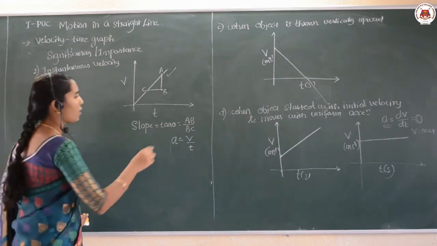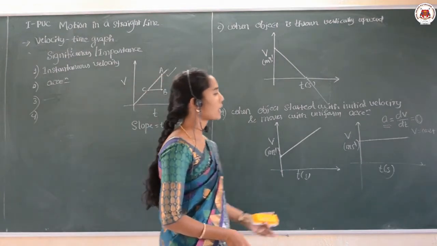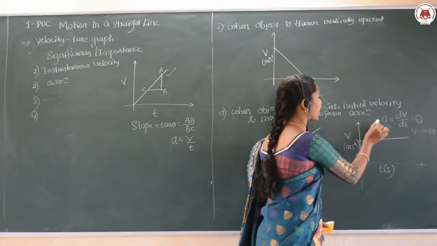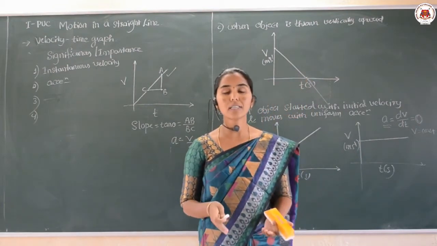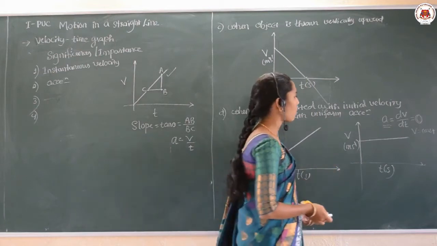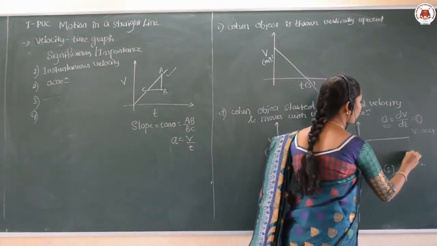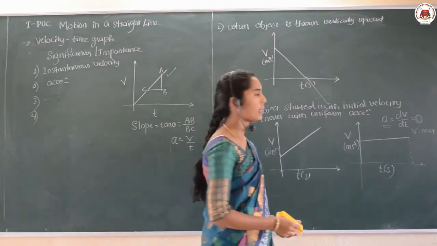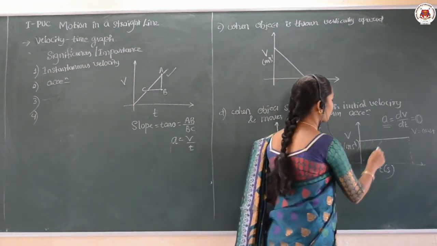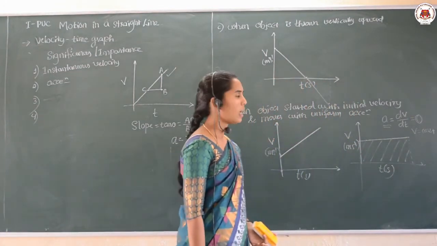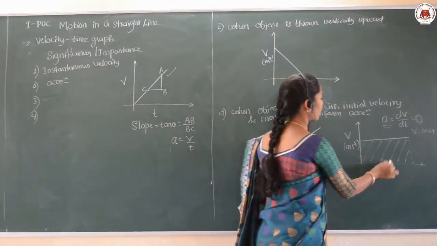Here, if I consider this graph, the object is moving with a constant velocity or zero acceleration. If I draw a perpendicular line to the time axis, what does the area covered under this graph give me?